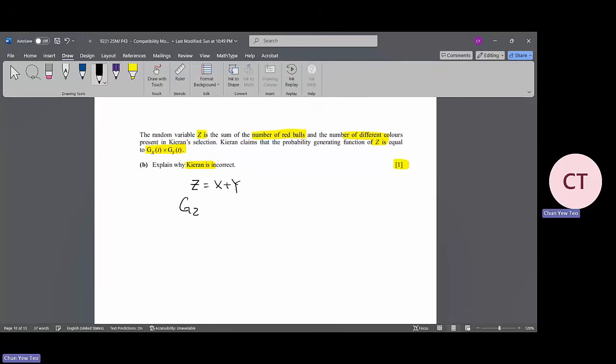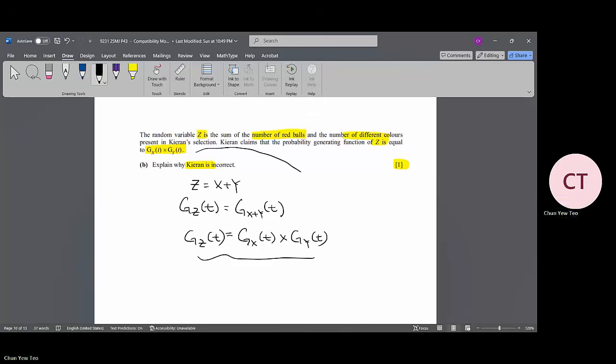Because over here we know that Z is equal to X plus Y. According to Kieran's claim, G_Z is supposed to be presented in this way, G_X(t) times G_Y(t).